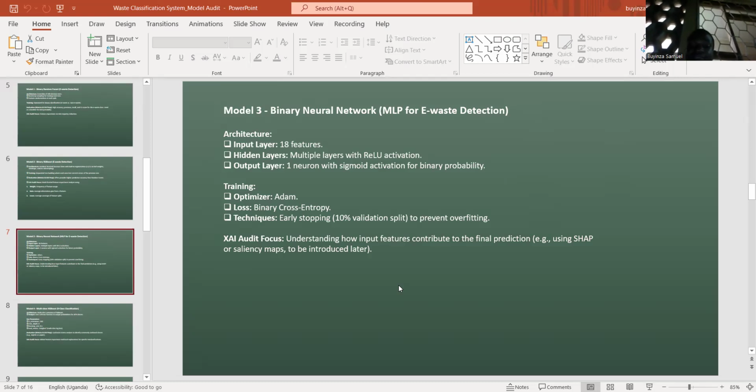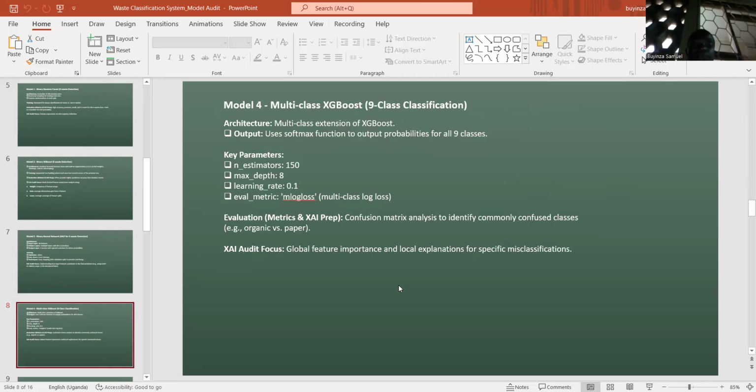So when you come to the fourth model that I did as my last model, that was the multi-class XGBoost, that is for the 9-class classification. Its architecture is majorly a multi-class extension of XGBoost. It gives an output that uses the softmax function to output probabilities for the 9 classes.